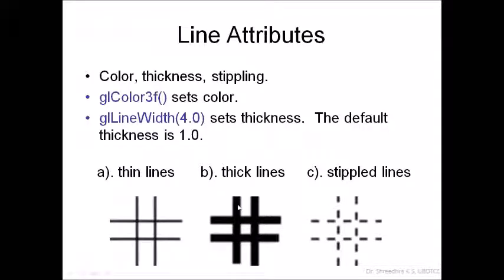All these activities are attributes. For some of these, we have built-in support APIs: glLineWidth of 4.0 makes the line a little wider than the ordinary width of 1.0. Like that, there are so many different things that can be carried out.